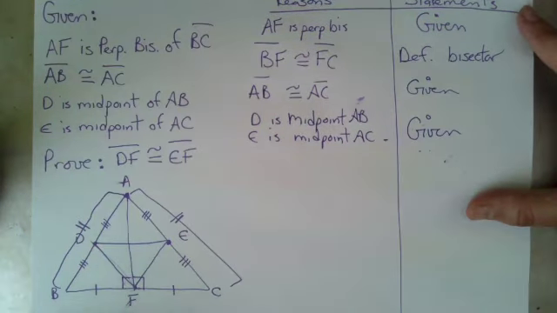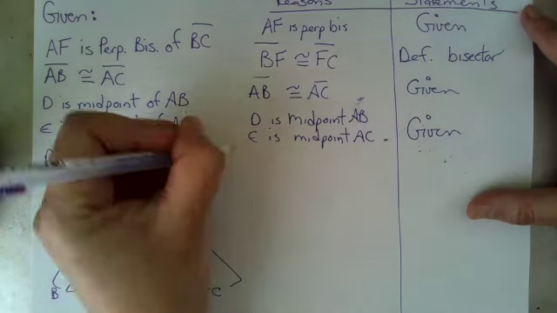And so that means that AD is congruent to DE, is congruent to AE, is congruent to EC. All of those are equal to each other.